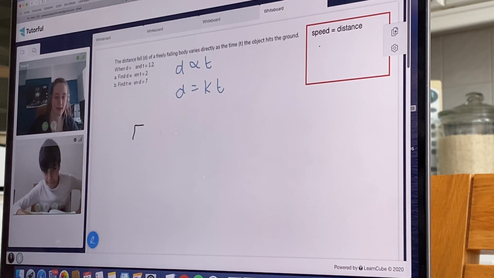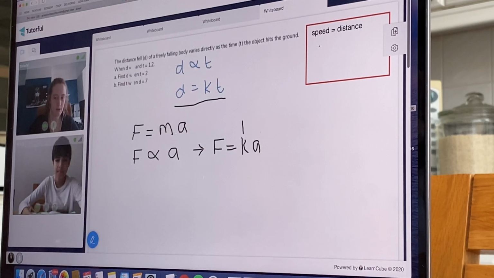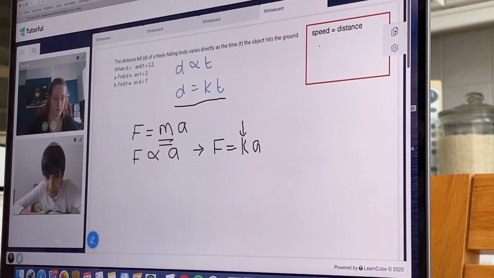So let's take that for an example. We'll just detour for a little bit. F equals ma. This looks a lot like d equals kt, doesn't it? So we know that force is directly proportional to acceleration, because when we rewrite that, the k is actually equal to the mass of the particle.